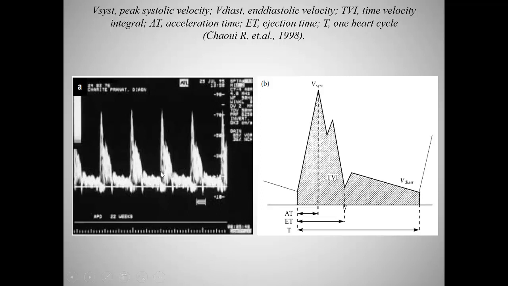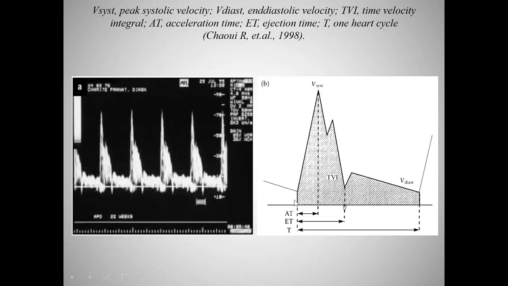This is the normal wave in the main pulmonary artery. It's nearly a double peak like this, and here we have the peak systolic velocity, and we have here the time velocity integral, this part, and the T is the whole cycle of the wave, and this is the diastolic velocity.